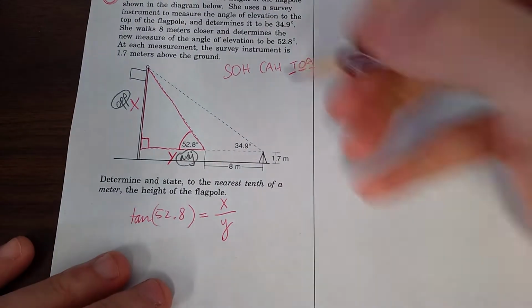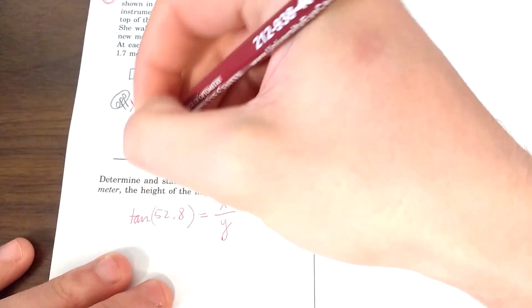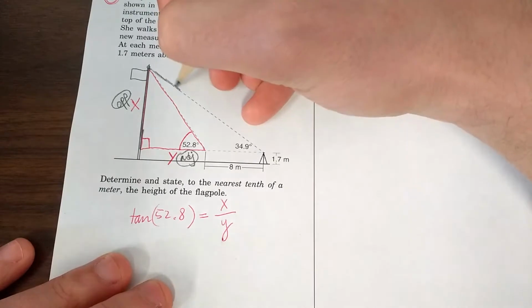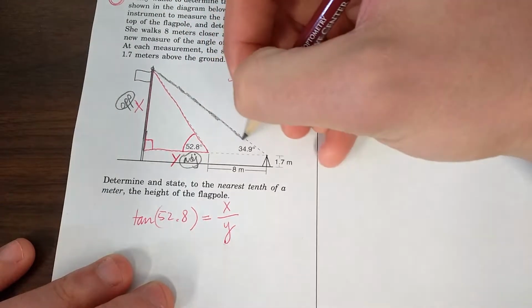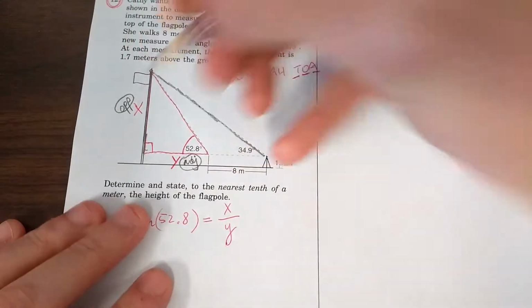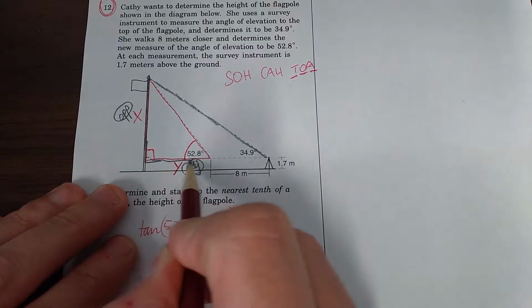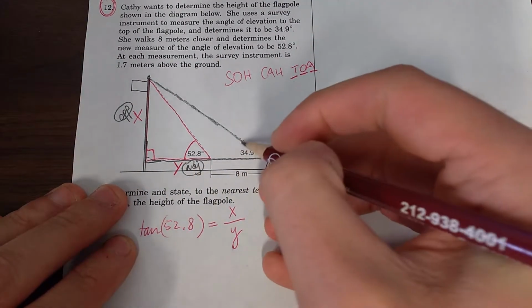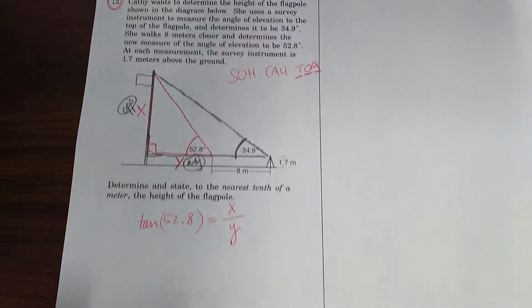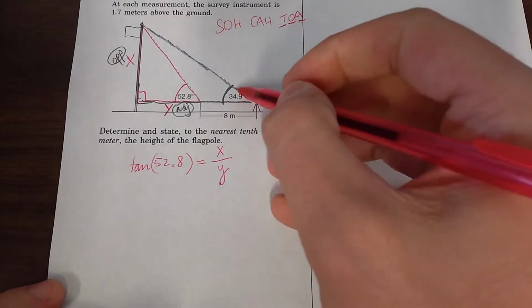Now the second triangle we're going to work with is this bigger triangle over here. So we're going to use this side, that hypotenuse, and this bottom side over here. Okay, so here is your angle.